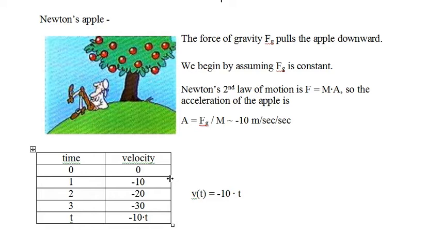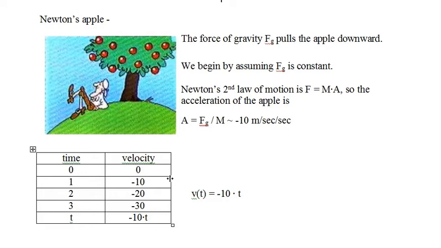The operative law is the second law of motion, which is F equals m times a, or force equals mass times acceleration. So with gravity being the only force acting on the apple, we'll get to atmospheric drag in the next video, the acceleration of the apple is given by a equals the force of gravity divided by the mass of the apple.